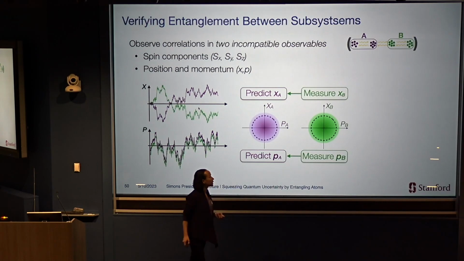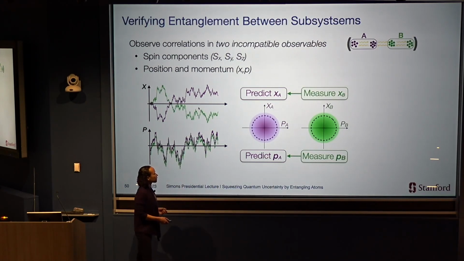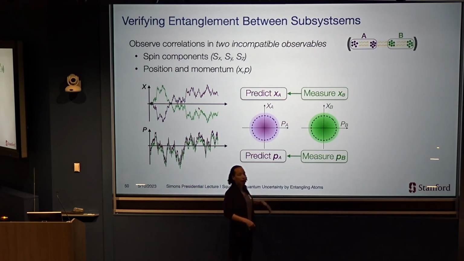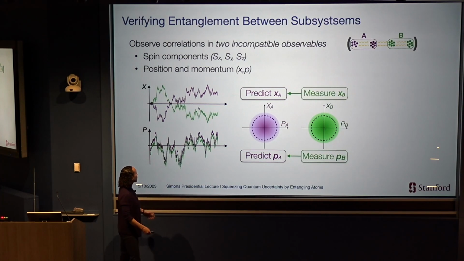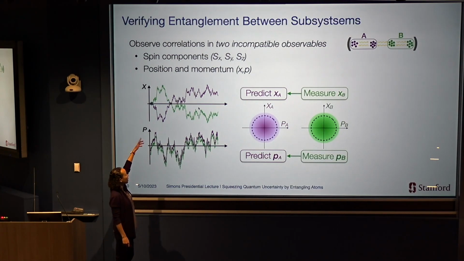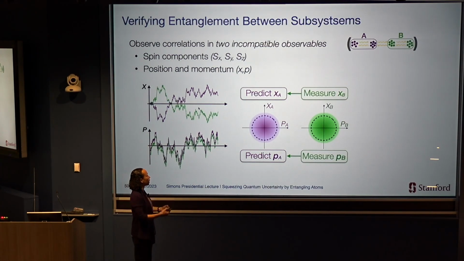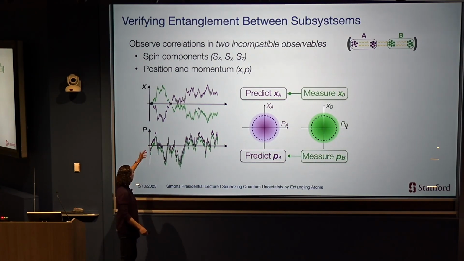But what quantum mechanics allows is correlations in both these two incompatible observables, in both position and momentum at the same time. So in principle, it's possible to have a system where, for example, whenever x is positive in system A, it's negative in system B, and vice versa, or whenever the momentum in system B precisely tracks the momentum in system A.